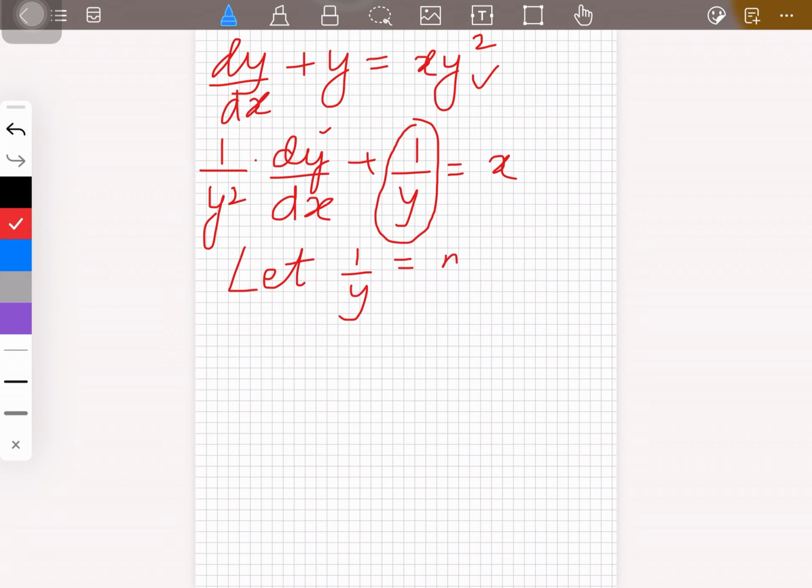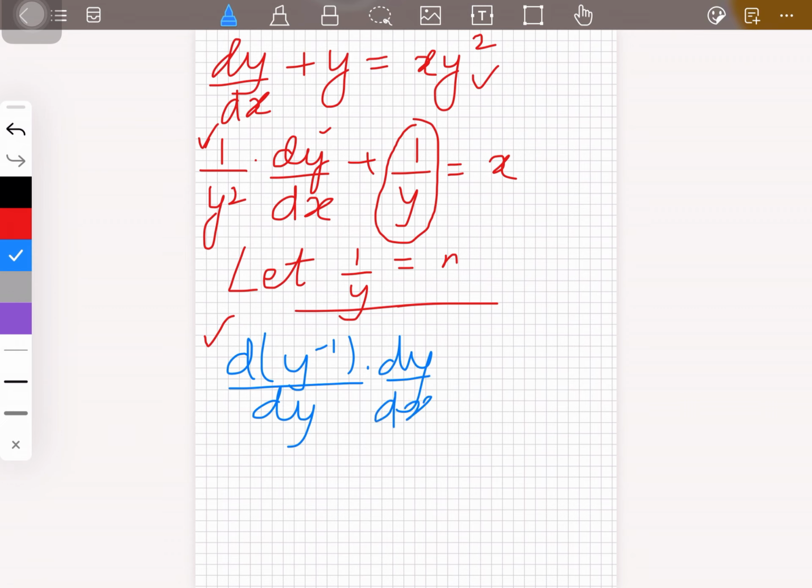Okay, so now let's differentiate both the left hand side and the right hand side with respect to x. This is a new step, and this is a new step as well. So d of y to the power minus 1 over dy, first of all, the chain rule of course, then dy over dx is equal to dn over dx.